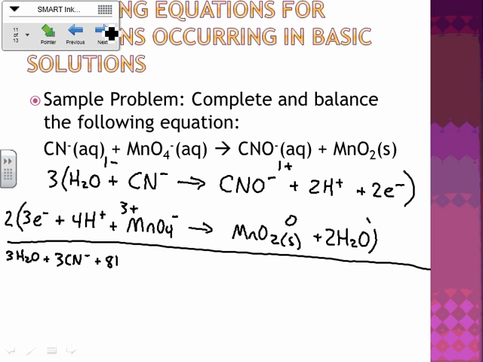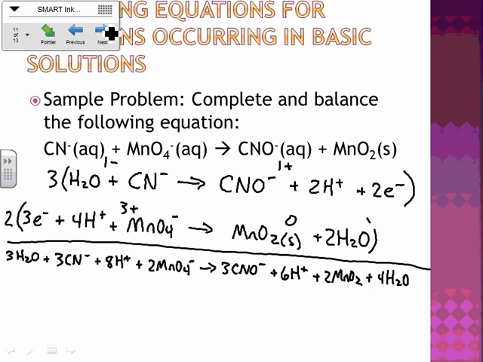Plus 8H plus plus 2 MnO4 minus yields 3 CNO minus plus 6H plus. Okay, that's the electrons. So then down here, 2 MnO2 plus 4 H2O.